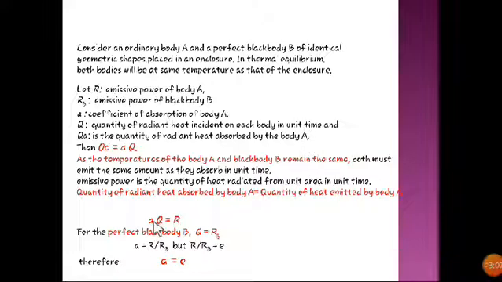So we are getting AQ, the amount of heat absorbed, is equal to emitted. So it is R, because R is the amount of heat emitted by A itself. For a perfectly black body, what will be Q? Q will be RB in a simpler way, and A is equal to R upon RB.